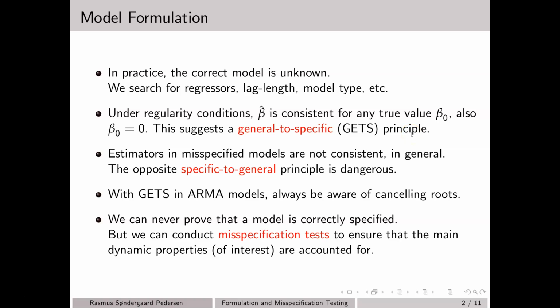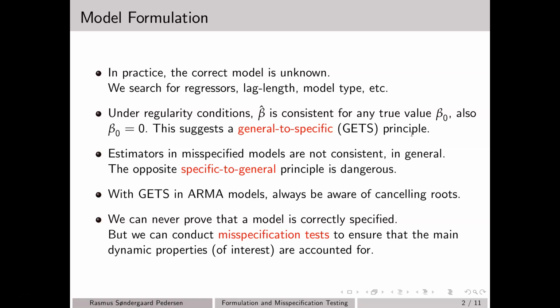quite general model. An alternative would be to start out with a very specific model, say a small model, and then try to include some additional variables, say, so to make it more general. But the problem is that if this specific model or small model is misspecified initially, then the estimators of the model parameters may not be consistent.